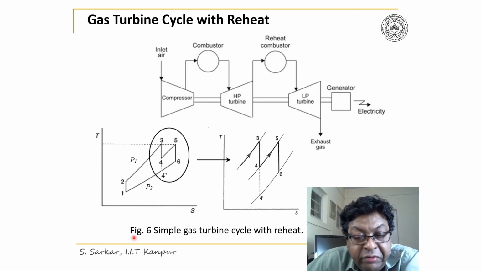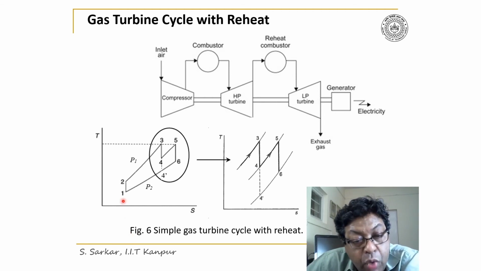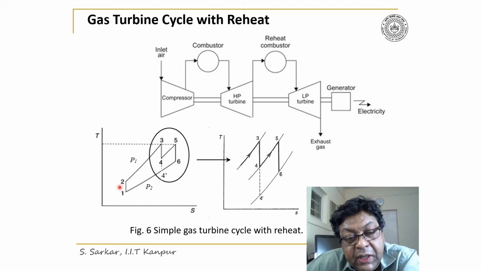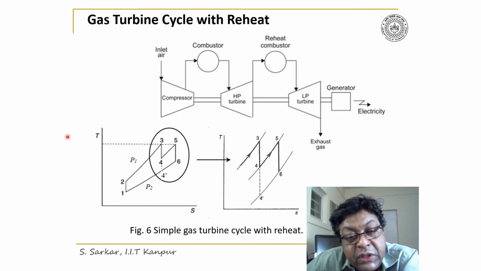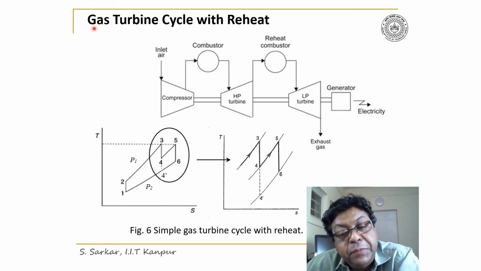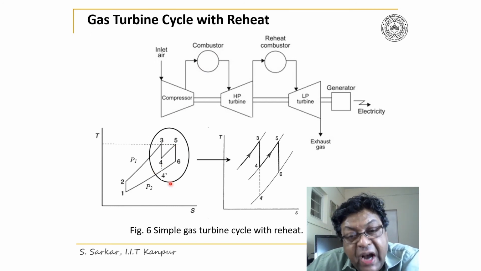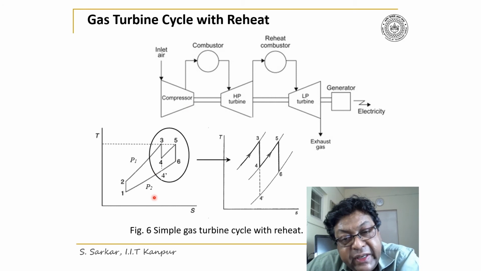So look, figure 6 illustrates a reheat cycle. 1-2 is the compression process, and then 2-3 is the heat addition in the combustion chamber. 3-4 is the expansion in HPT, the high pressure turbine. 4-5 again is the adding of heat in the reheat combustor.